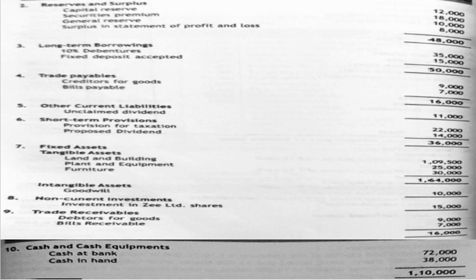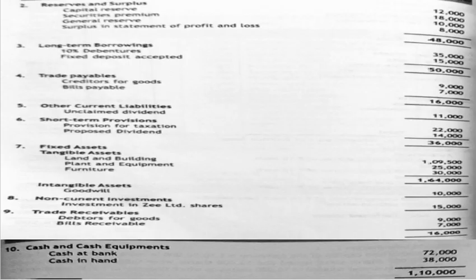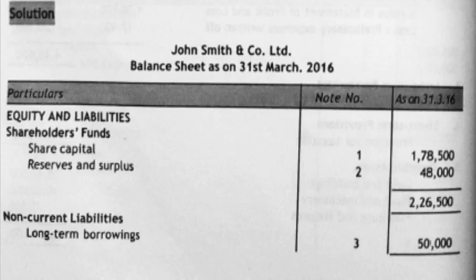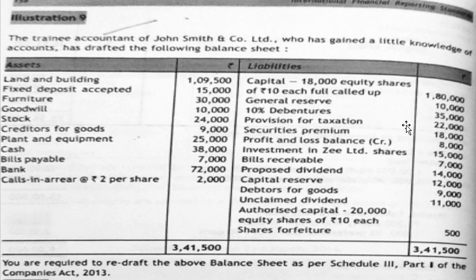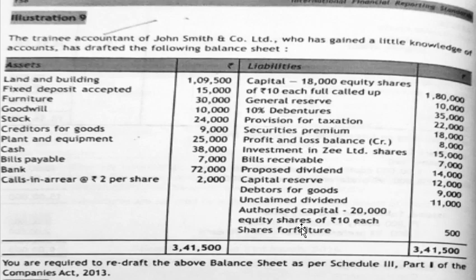Then we have long-term borrowings. Long-term borrowings are usually your debentures and any borrowings for more than a year. According to the question, the long-term borrowings are 10% debentures 35,000, and fixed deposit accepted, which is 15,000.